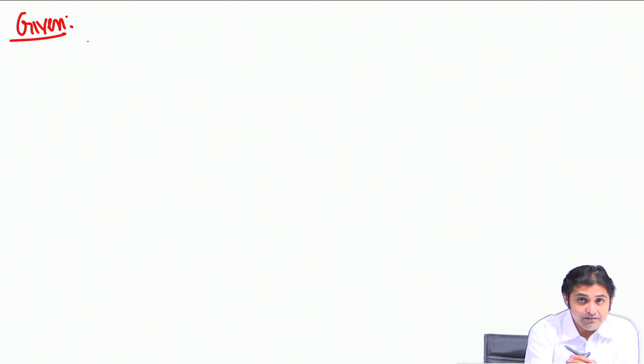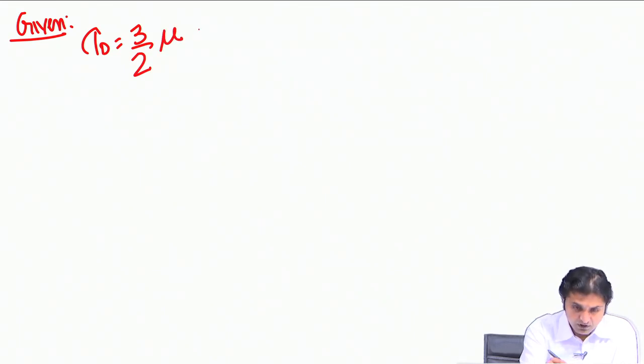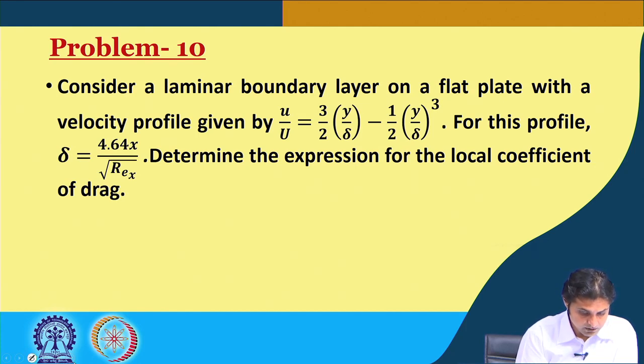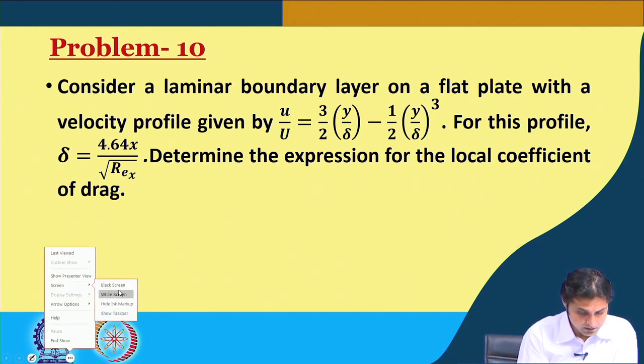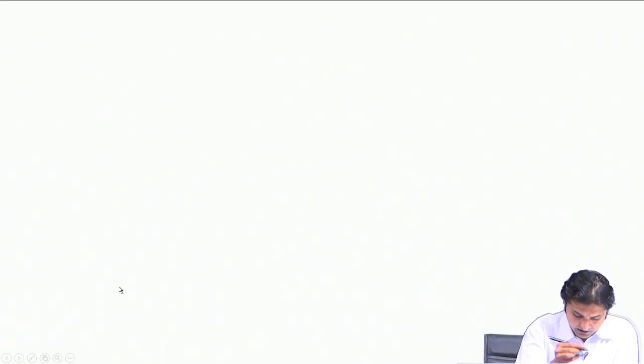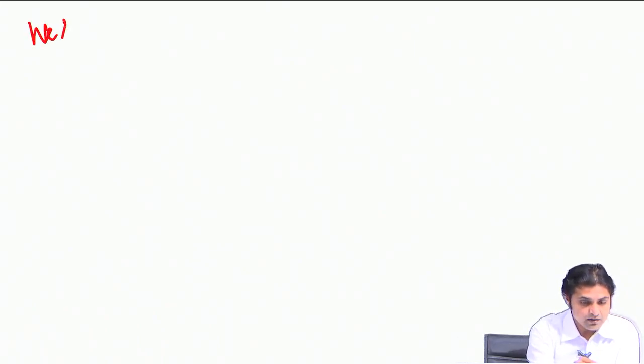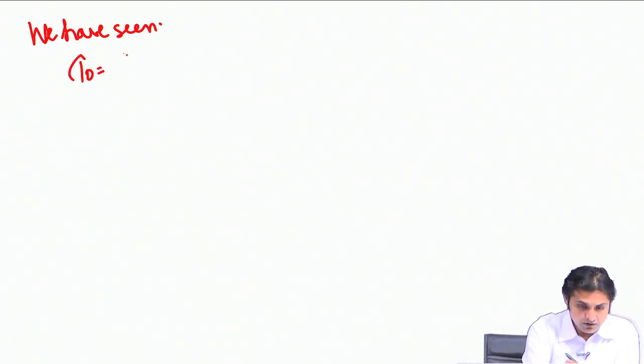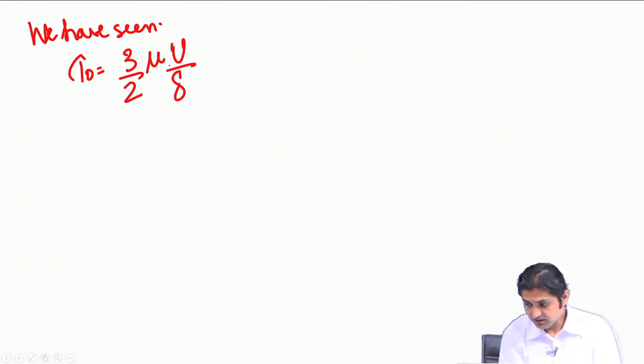For the given profile, we have already derived that tau naught is 3 by 2 times mu times capital U by delta.